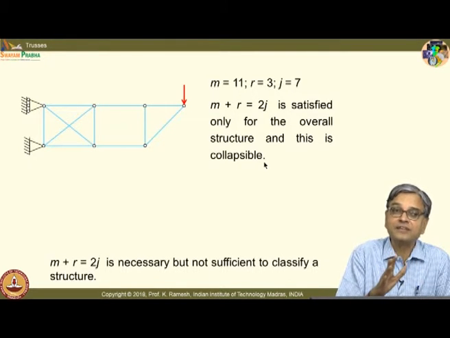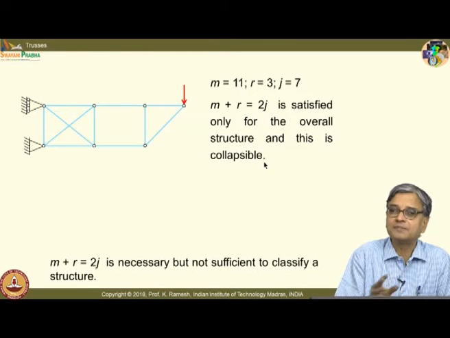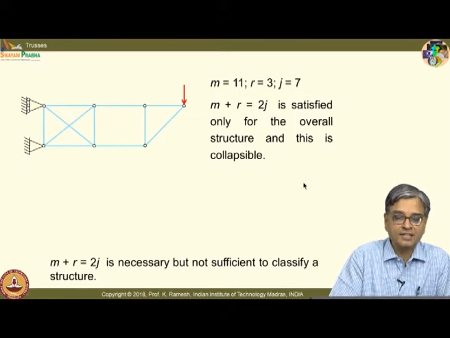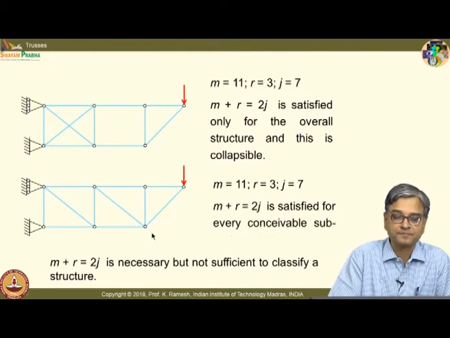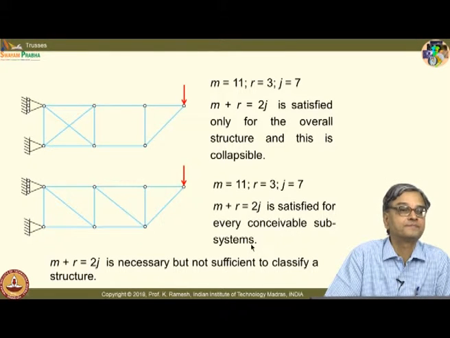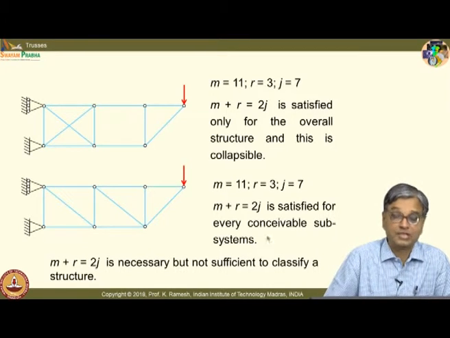Can this truss be stable? It cannot be stable. Unless I have the members arranged in this way, the truss will not be stable. So what you have to look at is that m plus r equal to 2j is satisfied for every conceivable subsystem. So it is very, very important.